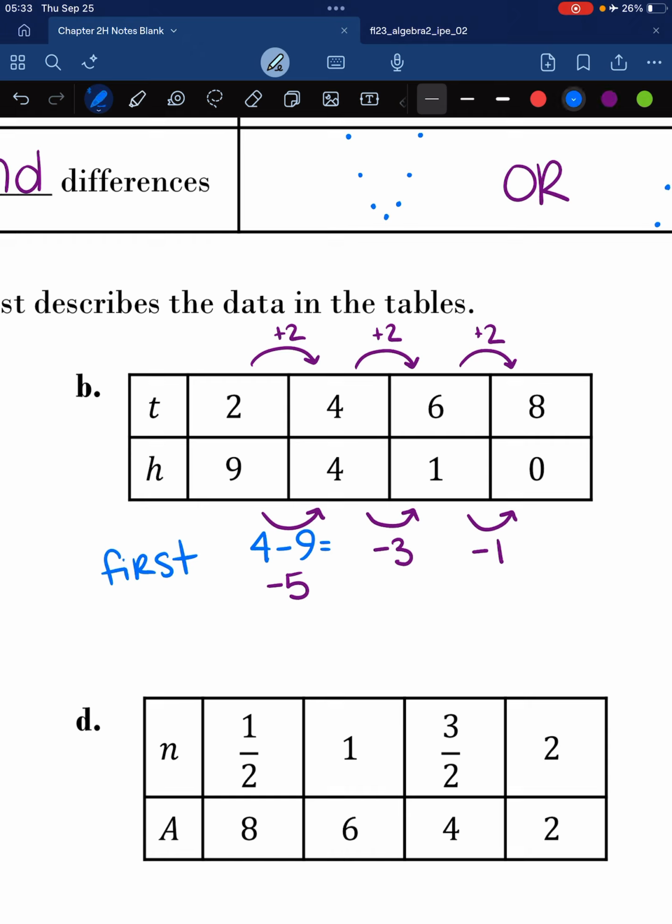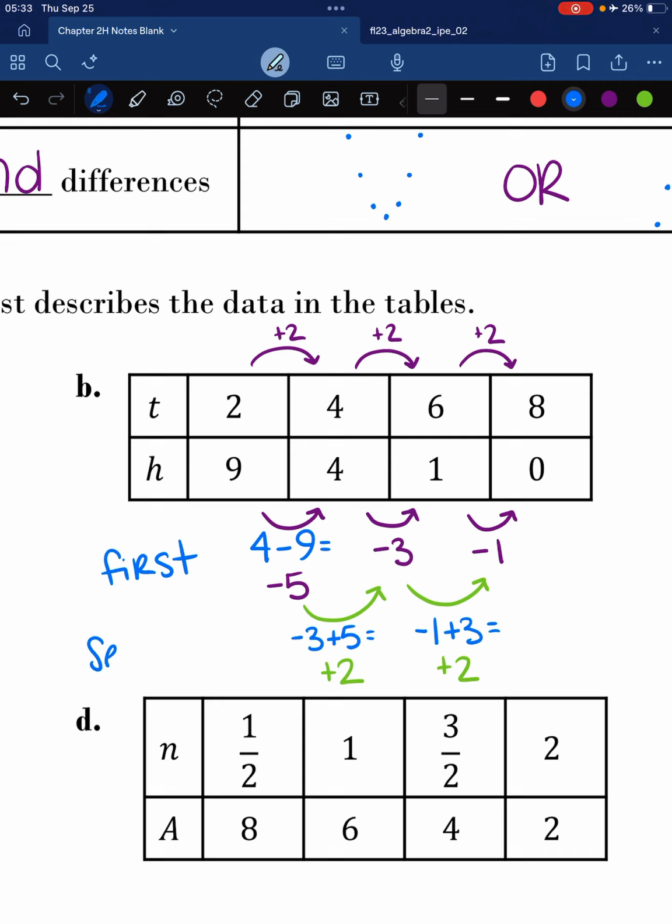Let's go ahead and do another level of this table and look at what this difference is. Maybe dealing with negatives, you're not as confident, so let's do the difference again. We can do -3 minus -5, and we get +2. -1 minus -3 is also +2.